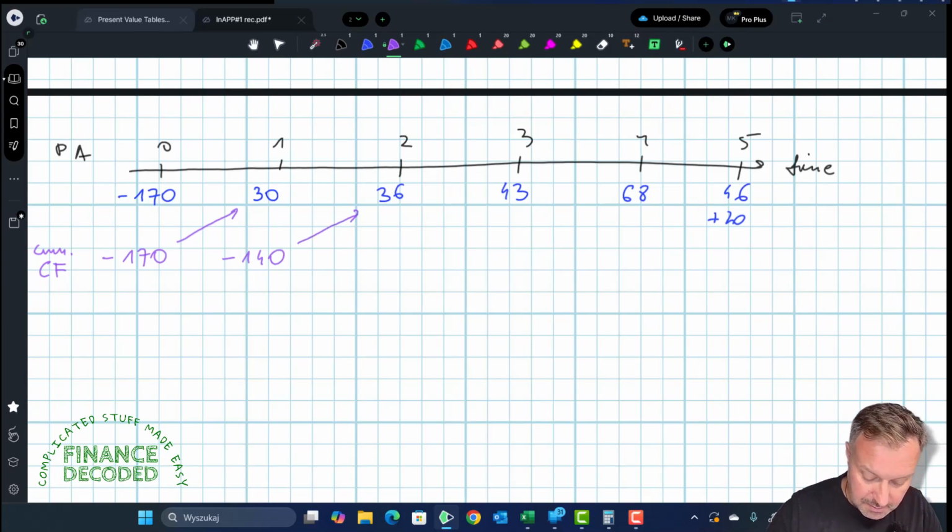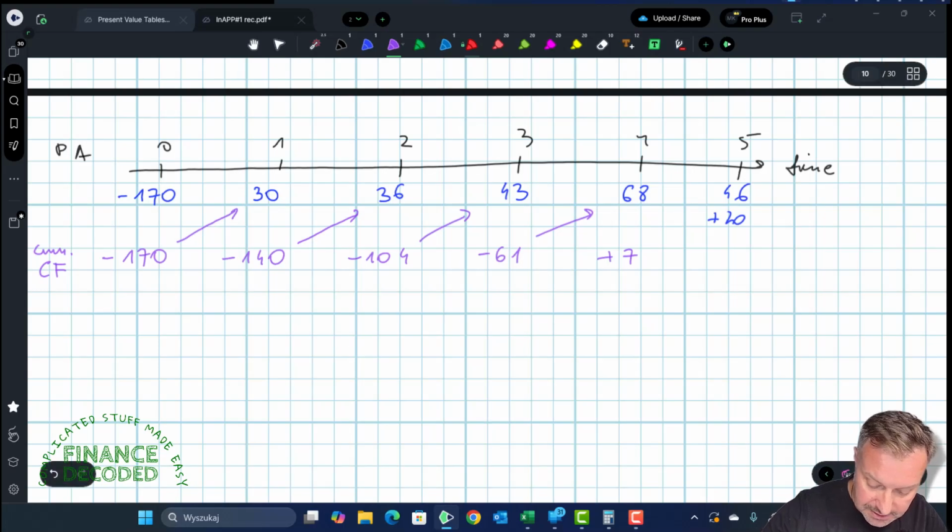So the cumulative cash flow goes up from minus 170 to minus 140. Then minus 140 and 36, and we go to minus 104. After adding 43, we go to minus 61. Then if we add 68, we get plus 7.